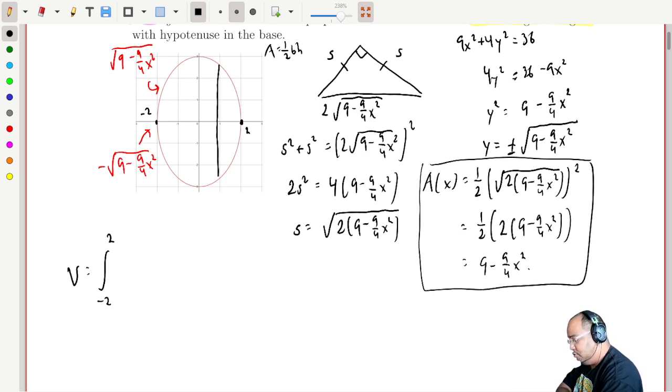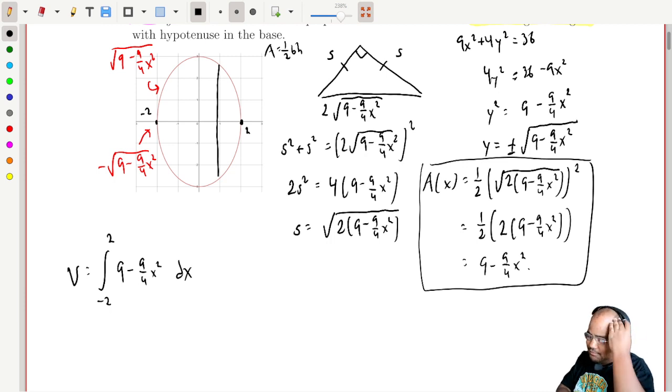We integrate our area function with respect to x, and we can actually use some symmetry here because this object is symmetric about the y-axis. I can just integrate from 0 to 2 and take twice that, and I'll get my total volume.